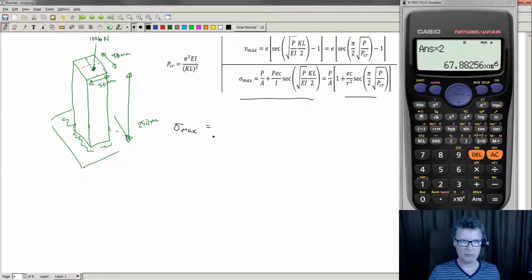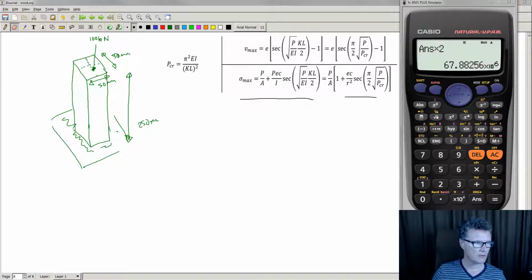Actually, I won't try and solve it in one go. Write out my terms before I put it into the equation. So it looks like the easy equation to use is the first one. So P is going to be 100,000 newtons.